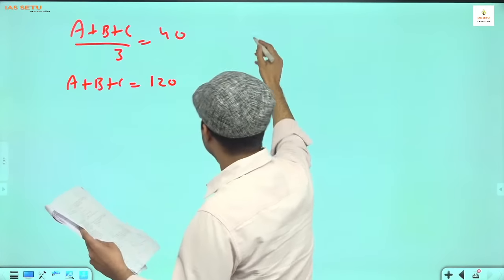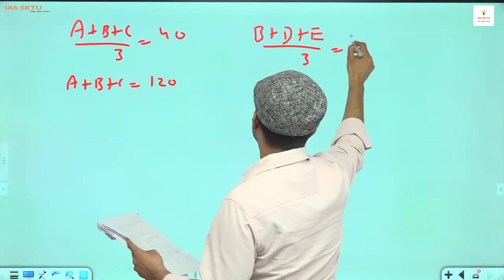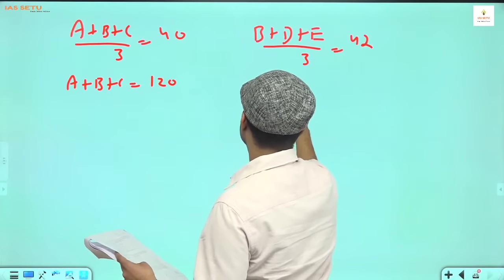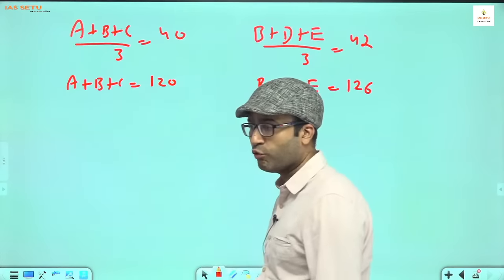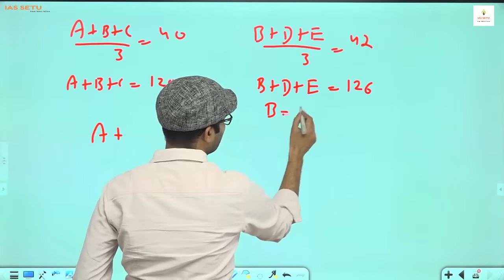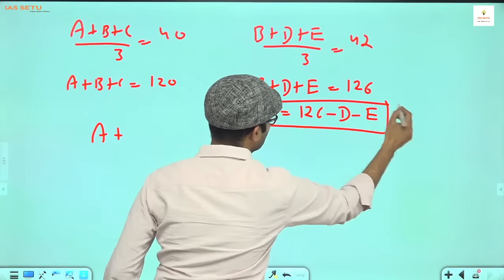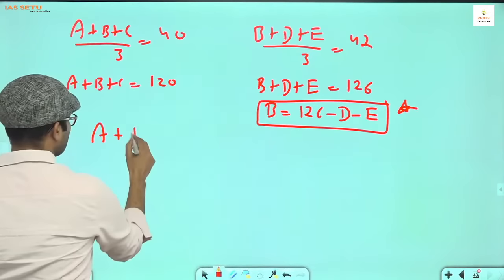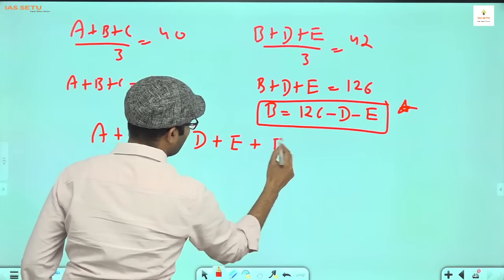And the average of BDE is given as 42, so b plus d plus e is 126. What is asked: here take out the value of b. b will be 126 minus d minus e. We will use this. Then it is asked a plus b plus c plus d plus e plus f divided by 6.